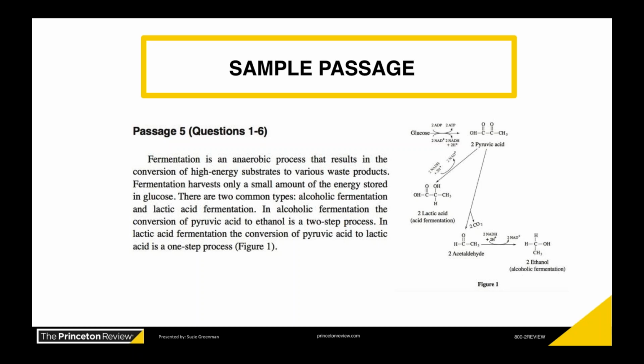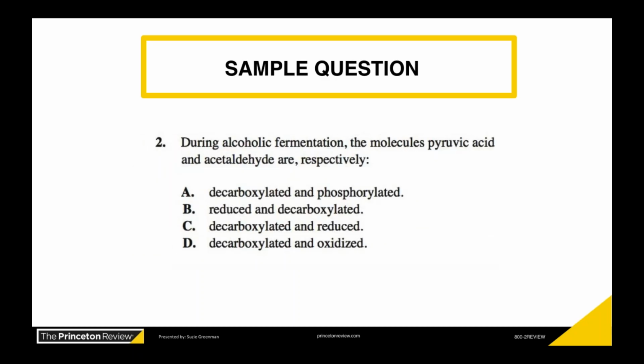Well, we're gaining some hydrogens, right? And hydrogens are a sign that we are gaining electrons. So we're being reduced. Same thing when we move from acetaldehyde to ethanol. So we know that we're being reduced, so we can get rid of D.